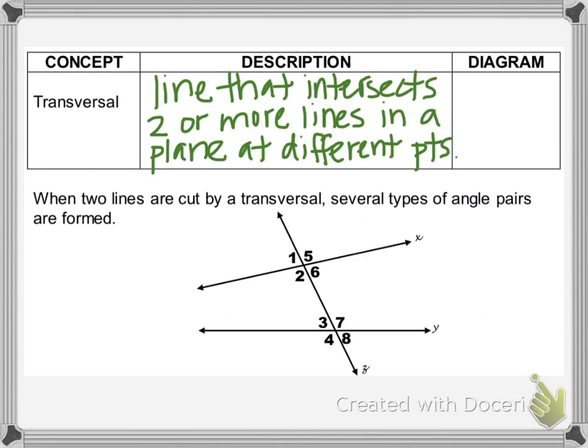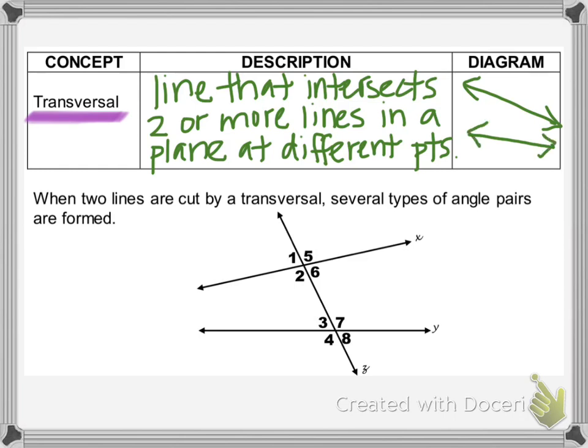So now we're getting to the meat and potatoes of this lesson. We're talking about transversals, which is what this lesson's all about. A transversal is a line that intersects two or more lines in a plane at different points. So imagine if I had two lines in a plane, maybe something like this, and they might intersect eventually.